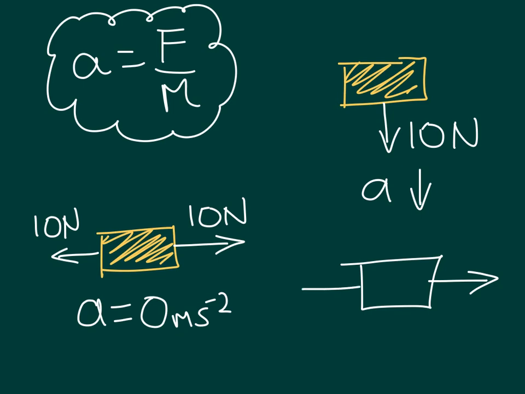However, if it has more than one force acting on it, then you have to add up all the forces as vectors. If there is a net force, if they add up to something that's more than zero, then there's going to be acceleration. However, if all those forces add together and the net force is zero, the object will not accelerate.